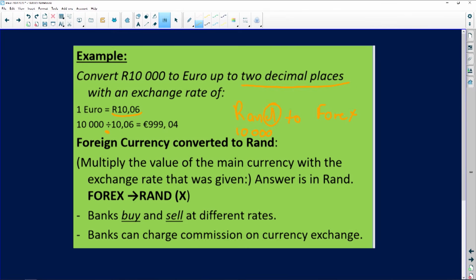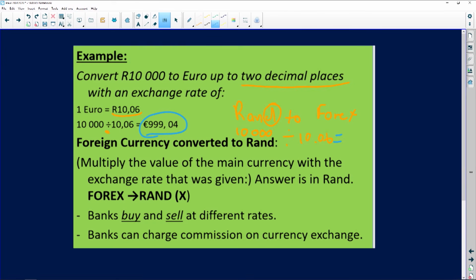You have 10,000, you want to convert it. All right, so at the end of the day, you want to use that exchange rate that's over there. And let's see if we can get to the correct answer then of 999.04 euros. So you have divided because you converted rand to forex.